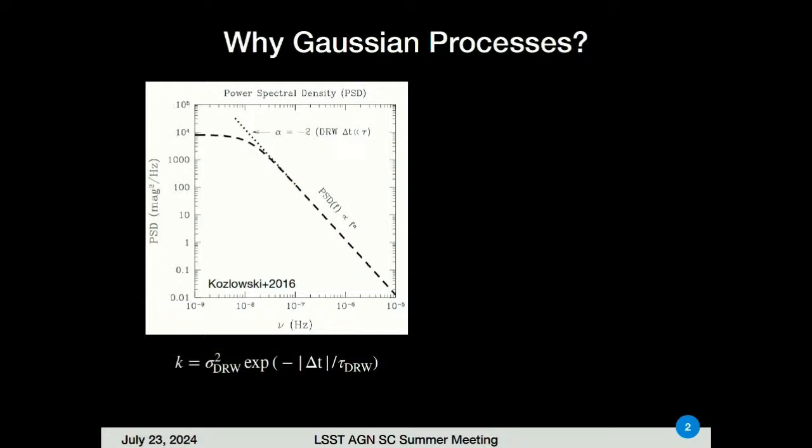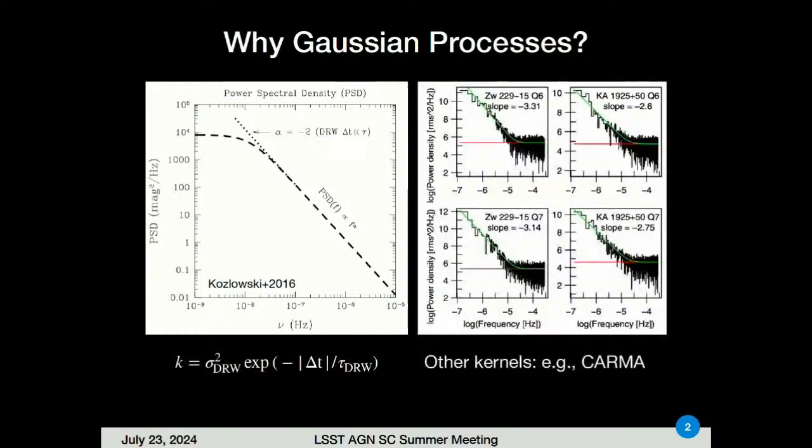We all know that we refer to it as the DRW process. Actually, if you have an exponential kernel, those parameters equal the PSD.